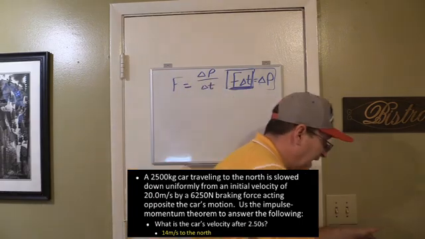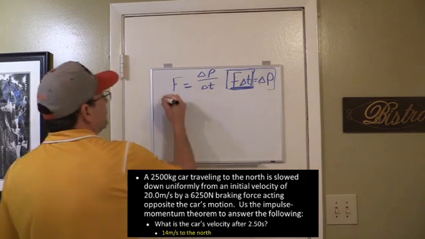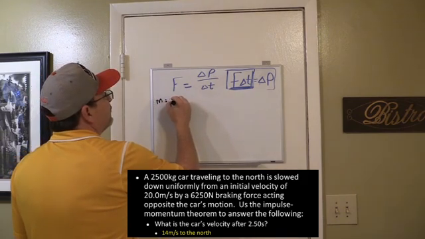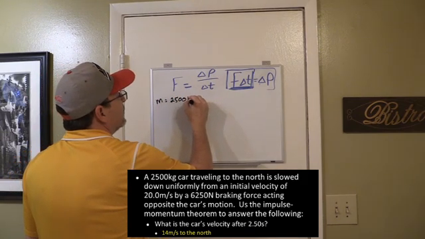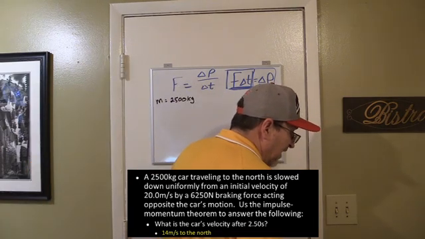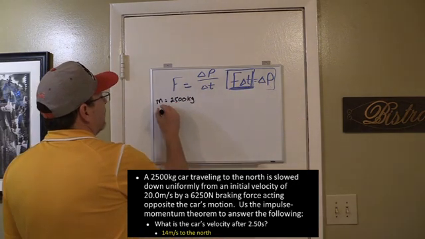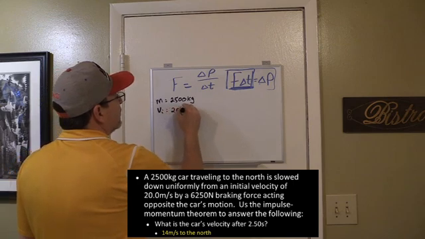We have a 2,500 kilogram car, so a mass of 2,500 kilograms. It's traveling north, and is slowed down uniformly from an initial velocity of 20 meters per second. So my velocity initial is 20 meters per second.